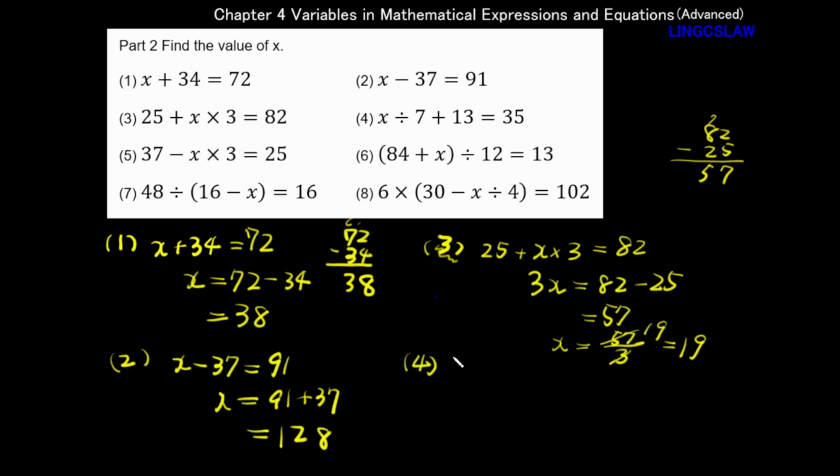Number 4. x divided by 7 plus 13 equals 35. Let's subtract 13 from both sides. 35 minus 13 equals 22.